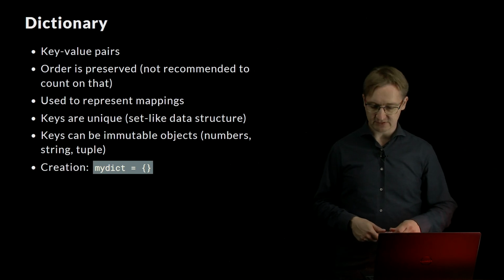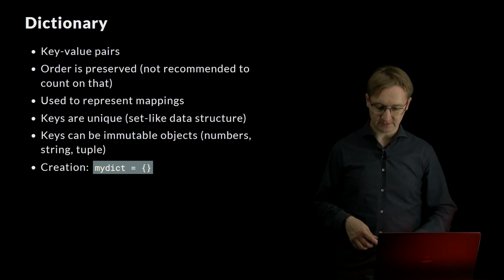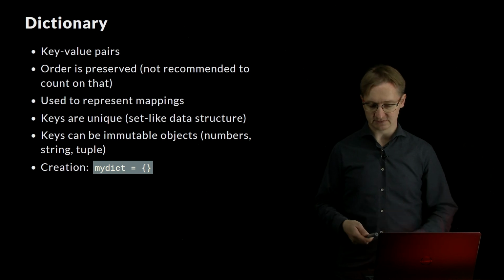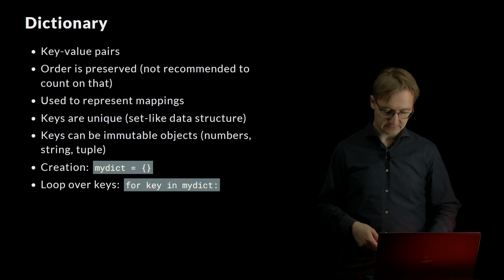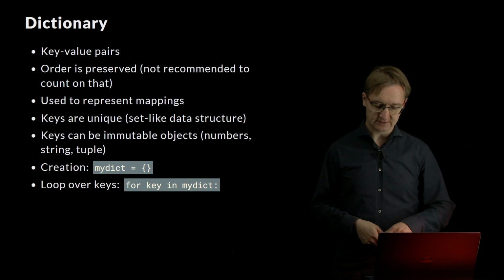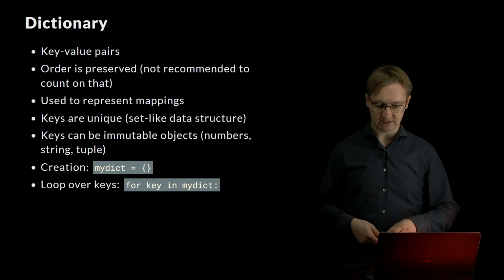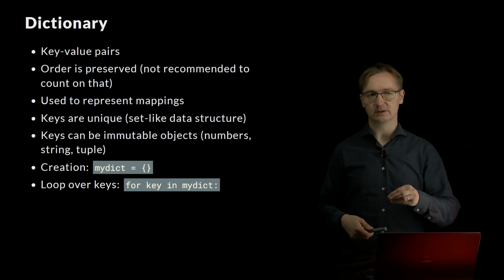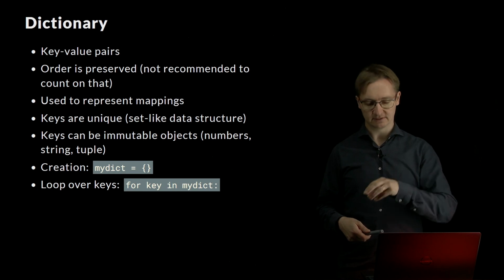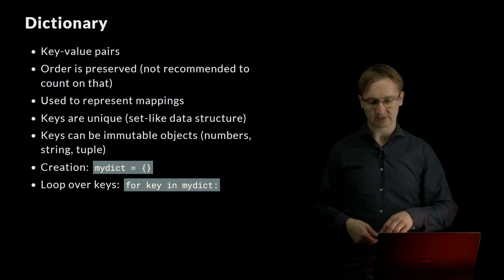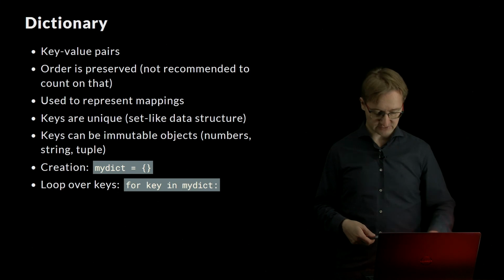How to create a dictionary? With curly braces. So basically this is an empty dictionary. I can loop over the keys. If I just write for key in my dict, then it will loop over the keys, and in the key variable I would get every key from the dictionary.